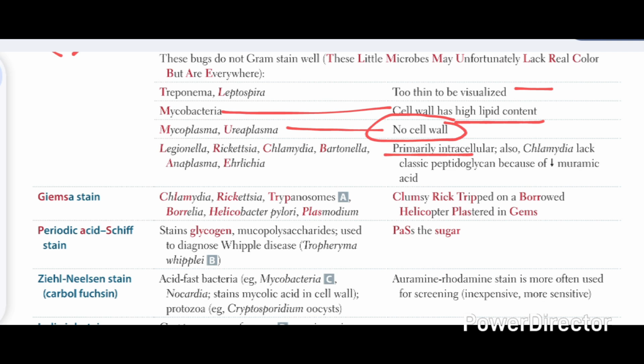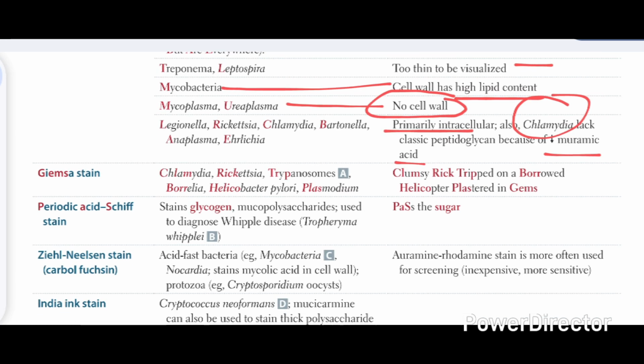Chlamydia is a special type of organism because its peptidoglycan layer contains less muramic acid. Muramic acid presence is another important factor in determining the type of staining.